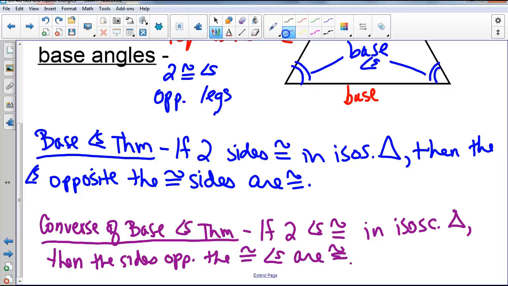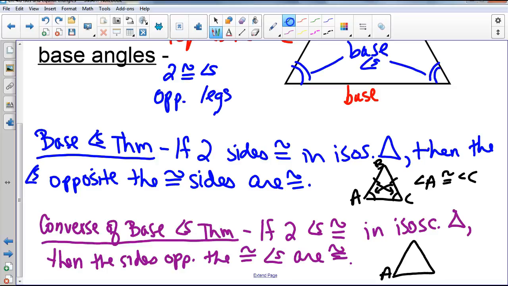Okay? So if I draw a little picture of the first one, it's saying you are given a picture and you're given the two congruent sides. Call this A, B, C. Then the theorem says you know that angle A is congruent to angle C because the angles opposite are congruent. So in the second converse, we can call these triangle ABC again.